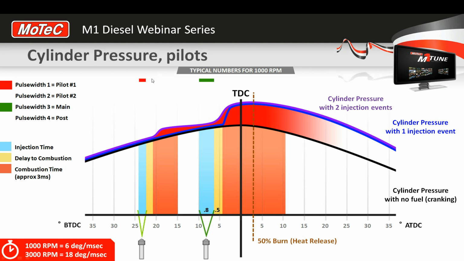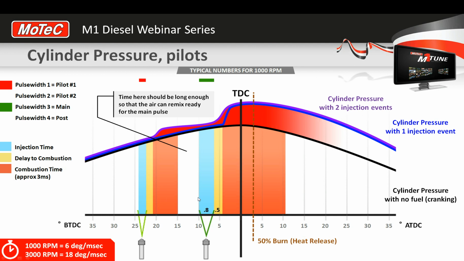Certainly modern vehicles run two pilots to help get that noise even lower and to help the starting and cold running. So one more thing to note: if you are positioning your pilots, our ECU allows you to not only define the volume of fuel, the mass of fuel for the pilot, but also move where that pilot occurs in the cycle, and you can move that in relation to the main.